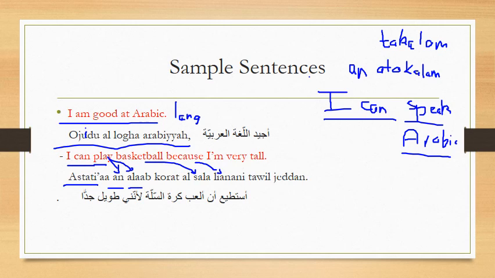Why did we use لأنني? Because we're talking about I. لأنني, because I am very tall. Tall is طويل. We took this. Very is جدا. Maybe you can say I can't play basketball because I am very short. It becomes لا أستطيع أن ألعب كرة السلة لأنني قصير جدا.